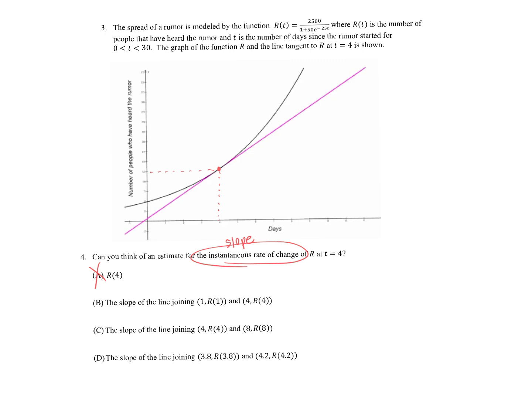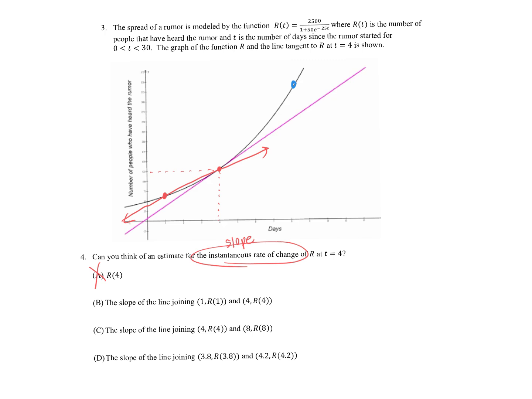What about the slope joining between 1 and 4? So that's saying the slope here and the slope here. Would this give me the best estimate? That's option B. Between 4 and 8, I'm going to do that in blue, 5, 6, 7, 8-ish. Would the slope here give me a good estimate?